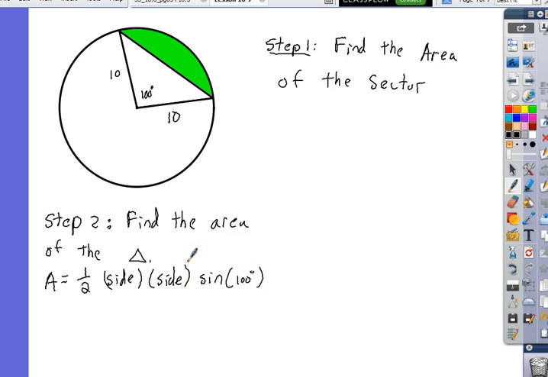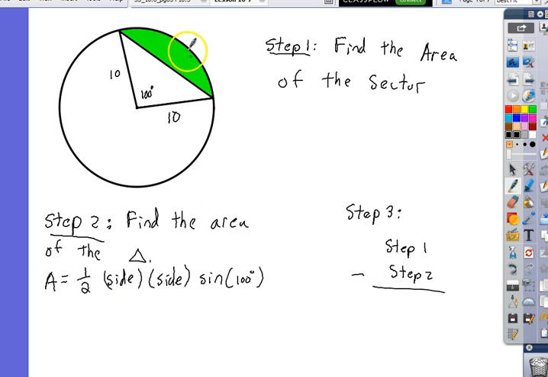Those of you that don't know that, you need to know that. Trust me when I say that you need to know your formulas. This one's not on the formula sheet, so this is one you need to know. And then after we find the area of the triangle, step 2, step 3 is step 1 minus step 2.